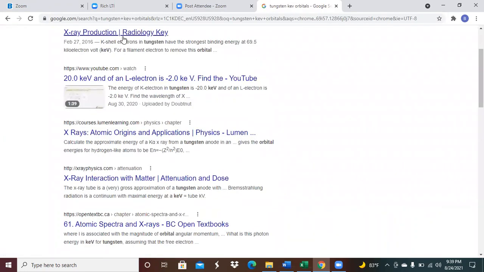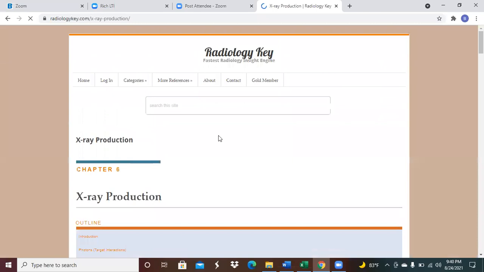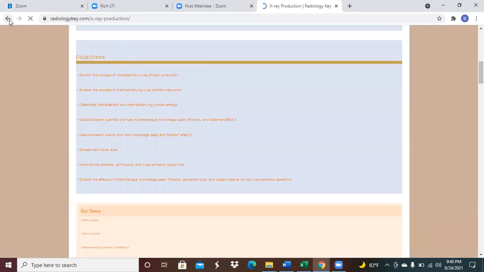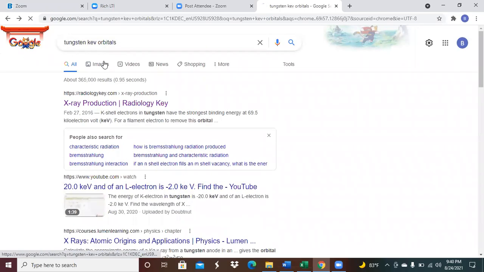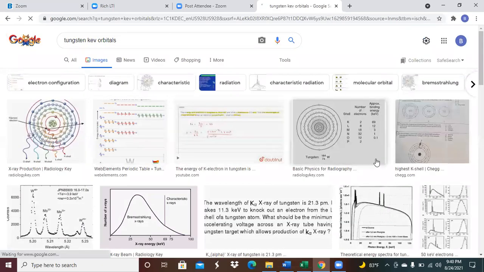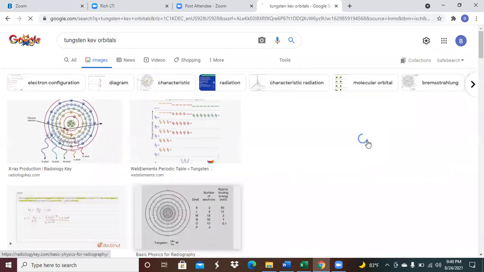See if we can find. Thought I had. See if we got them in images. Approximate binding energy.